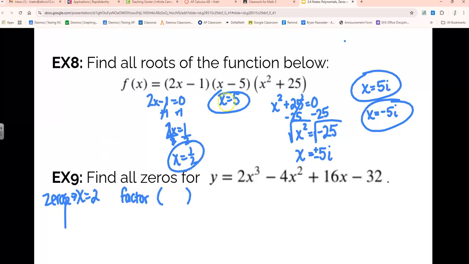Like up here, x equals 5 was my 0, x minus 5 was my factor. So if x equals 2 is my 0, my factor is x minus 2. So I've got to take this function and divide it by x minus 2.